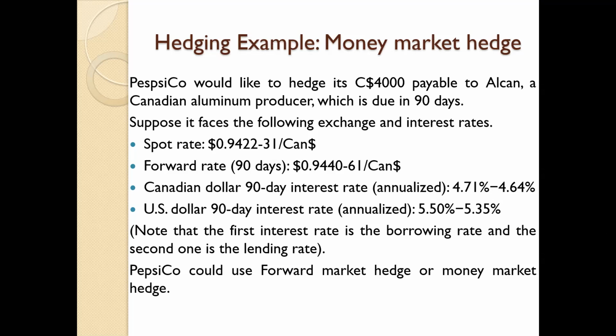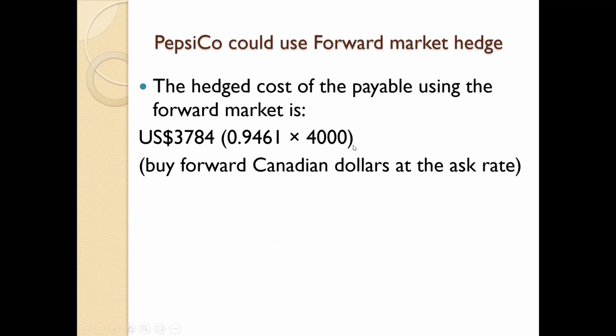Then, assuming that this person is going for a forward transaction, and he is going to settle that Canadian dollar 4,000 at the end of the 3 months time period, how much does he have to pay based on the forward rate?